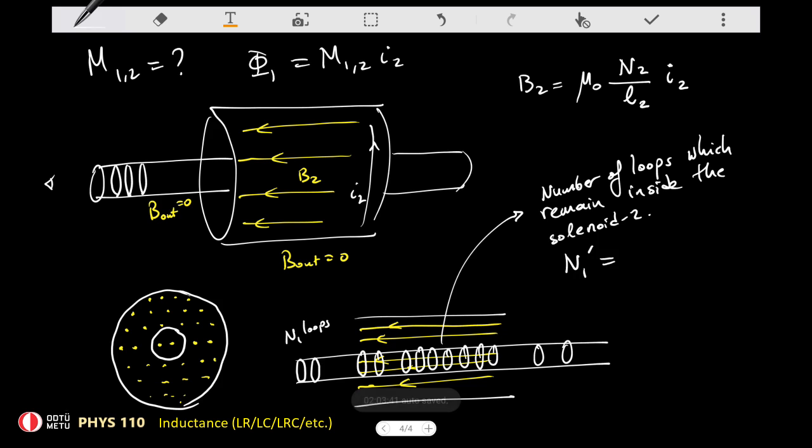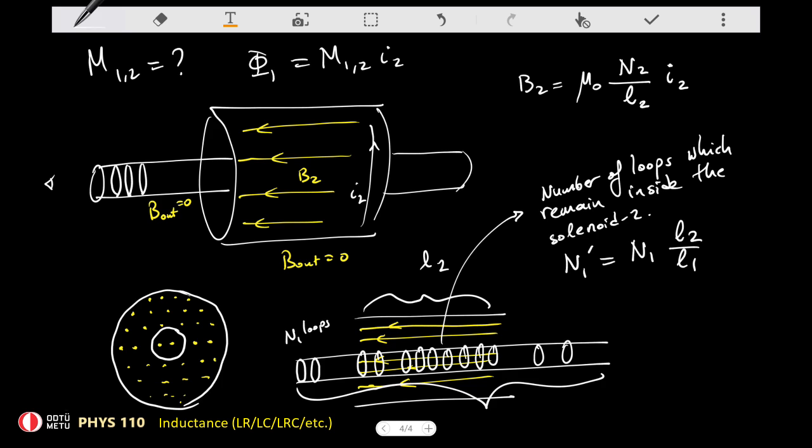This is quite easy actually, because since I make this uniformity assumption, this is basically N1 times L2 divided by L1. Let's remember this. L2 is the length of this outer solenoid, the shorter one, and L1 is the length of the smaller one. I don't know how to draw this, so let me call this L1.